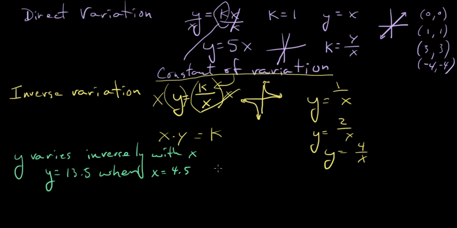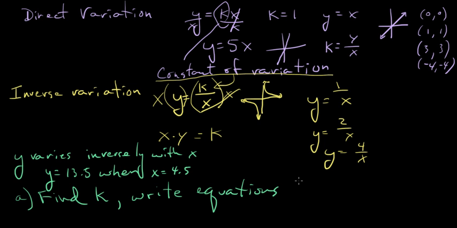You have to do two things. First, find k, your constant of variation, and write the equation for this relationship. Just one equation.